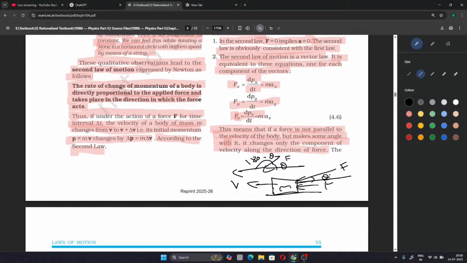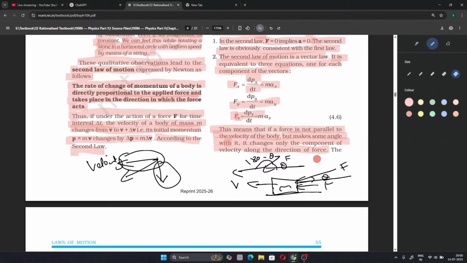Basically, when force is acting like this, force can be resolved into 2 vectors. It can be resolved into this vector and this vector. Only this vector of force will affect the velocity. That is what they mean. As for the other direction, it's going into the ground, so it doesn't really matter.